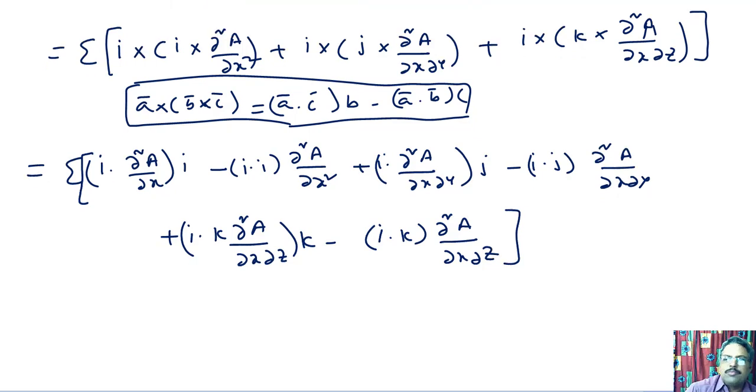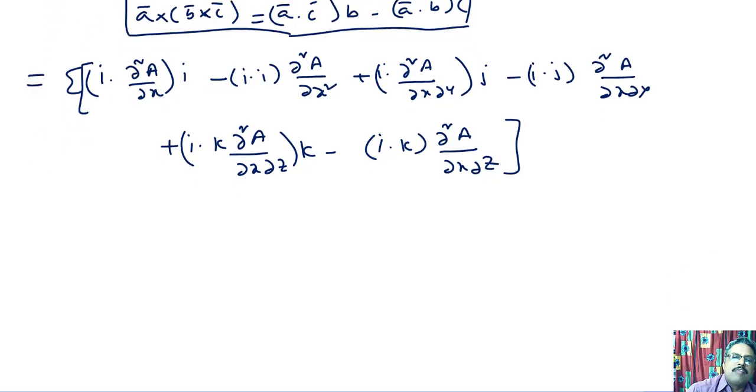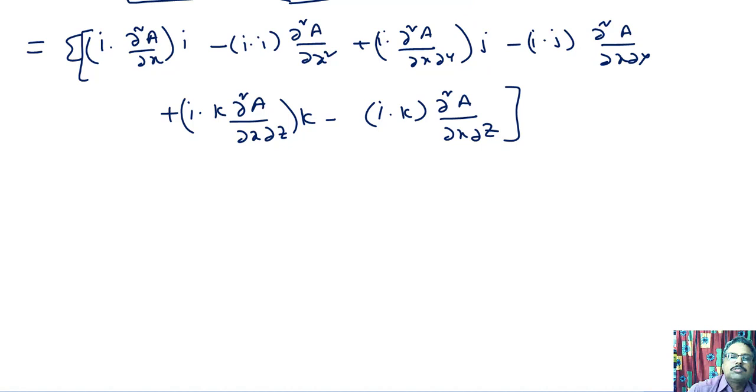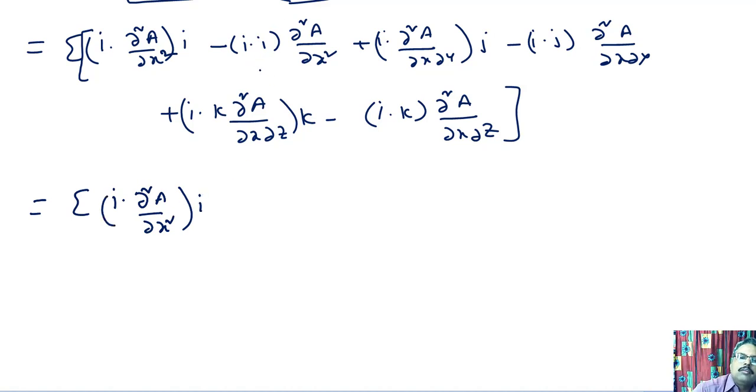Now simplification. Listen carefully. First term: sigma i dot dou square A by dou x square into i. We will discuss this later.